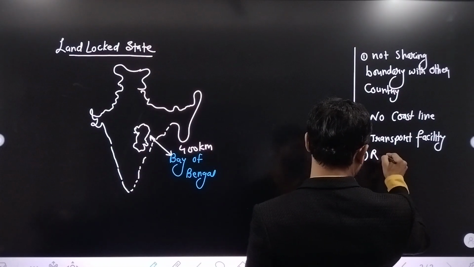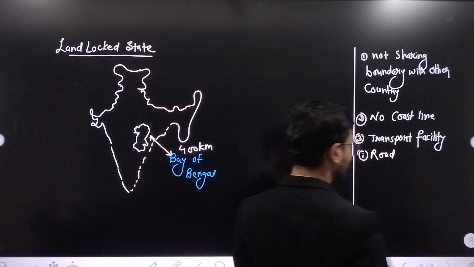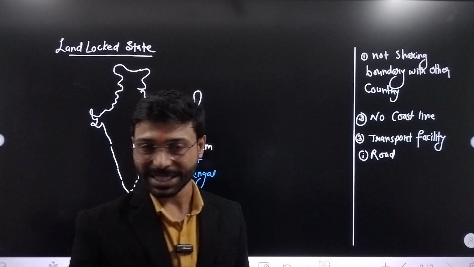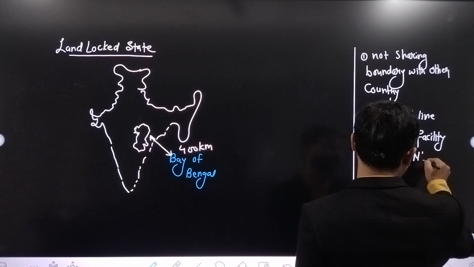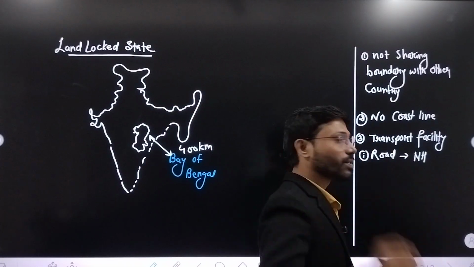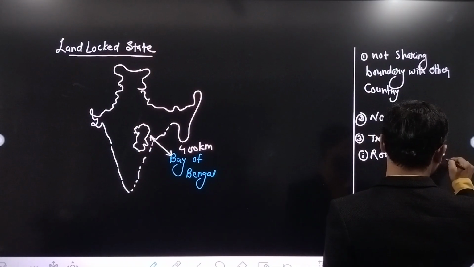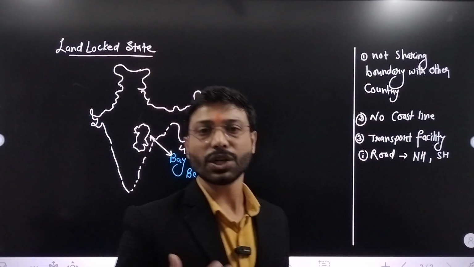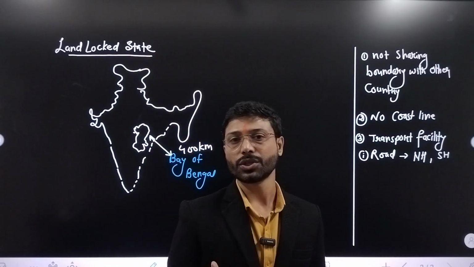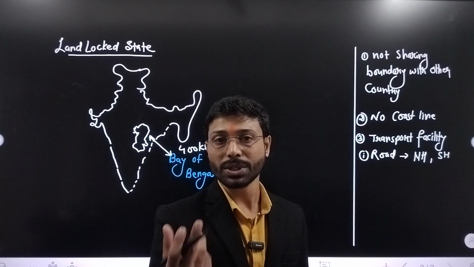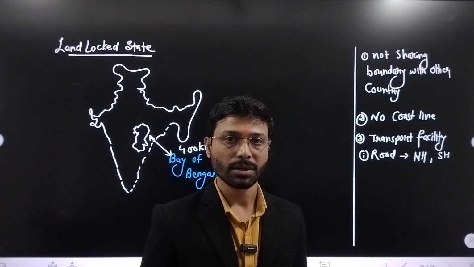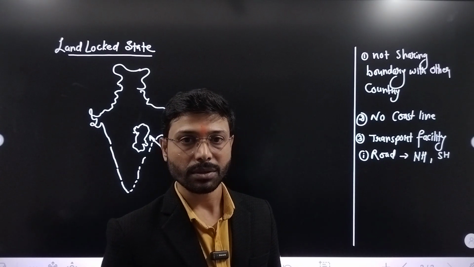Road transport. For this we have what? National highways, you may write down. You have state highways. You have your district roads through which you can do the transport of your own goods and services for your economic development.